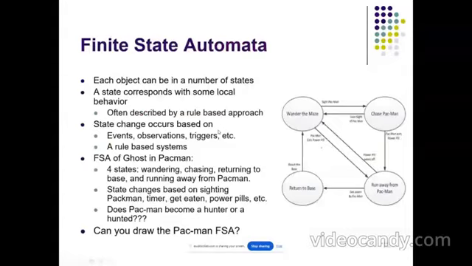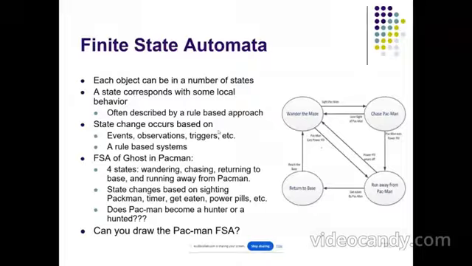Basically, with a finite state machine, we model one character at a time, and we specify the different states of the character, and at the same time the transition from one state to another. So you define that in the finite state automata or finite state machine itself.